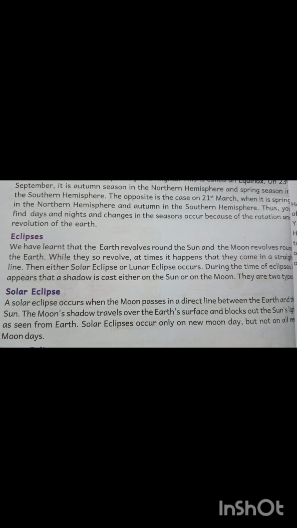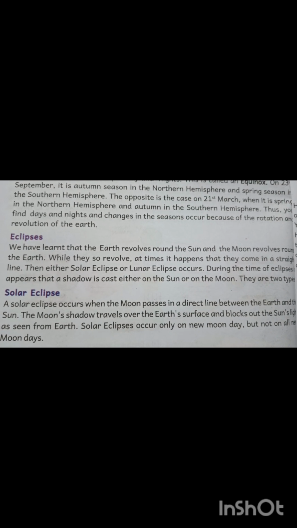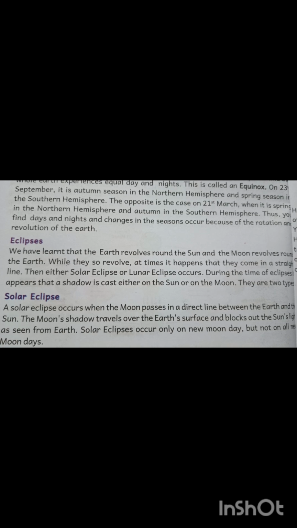Eclipses. We have learned that the earth revolves round the sun and the moon revolves round the earth. While they revolve, at times it happens that they come in a straight line.